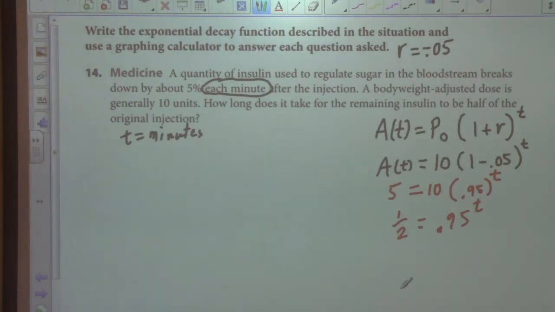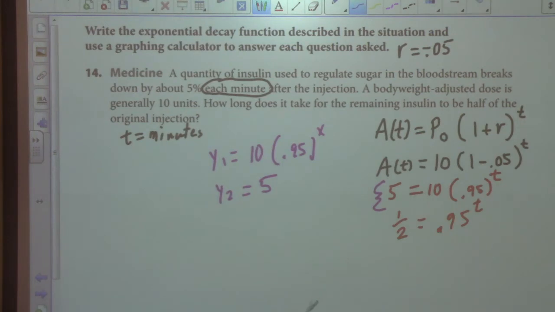Okay, well, what I was thinking somebody would do is take this and write out a system of equations to solve on your calculator, which would be y1 equals 10 times 0.95 to the power of x, and y2 equals 5.